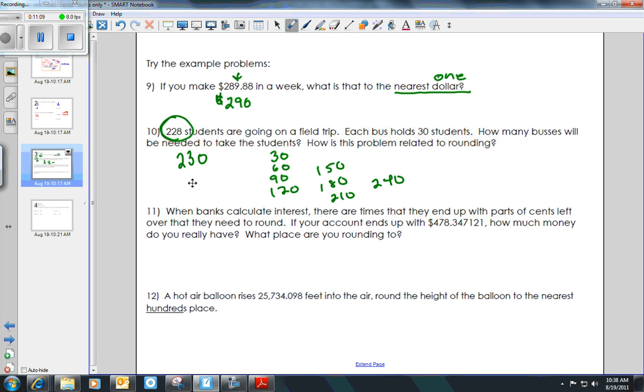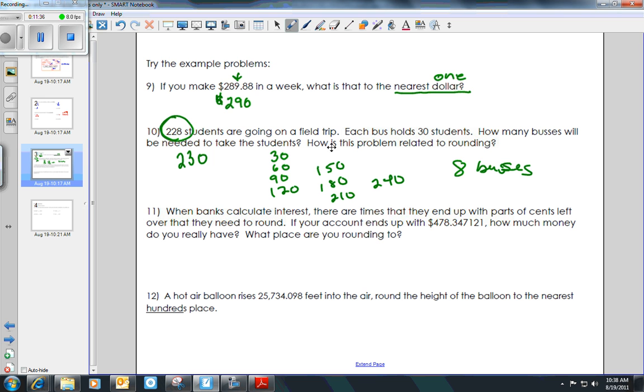Okay, and we know that by rounding, we're probably going to need this next bus because we have more than 210 students. So we have 8 buses that we need. I don't know if I'm spelling that right. Maybe it's just an ES. Buses. Y'all can tell me tomorrow when you come in if I spelled it right or not.